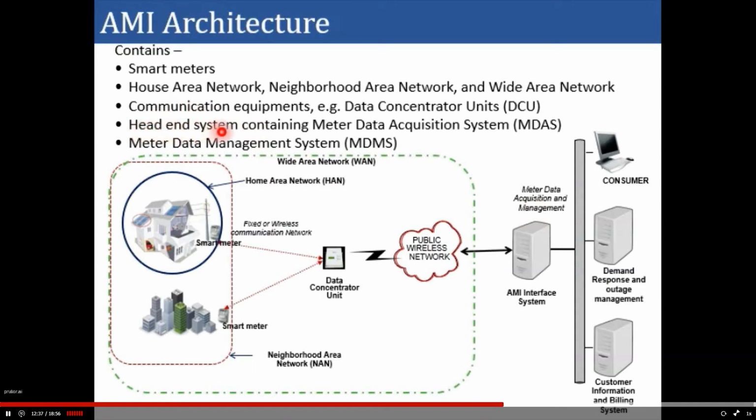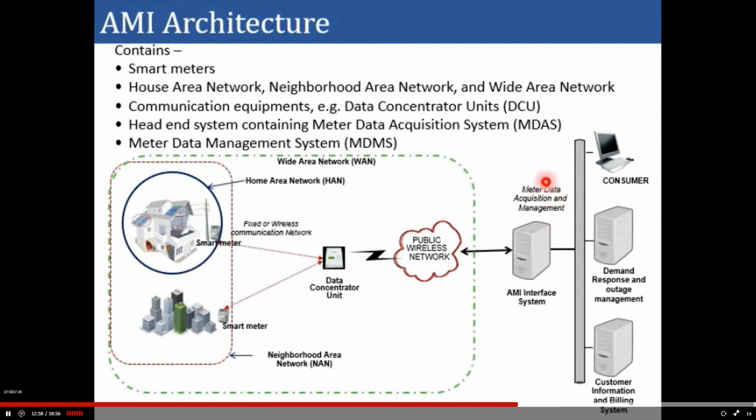So the head-end system or the meter data acquisition system is also part of the AMI architecture. Meter data management system is also part of the AMI architecture. So all these 5 components are part of our overall AMI architecture.